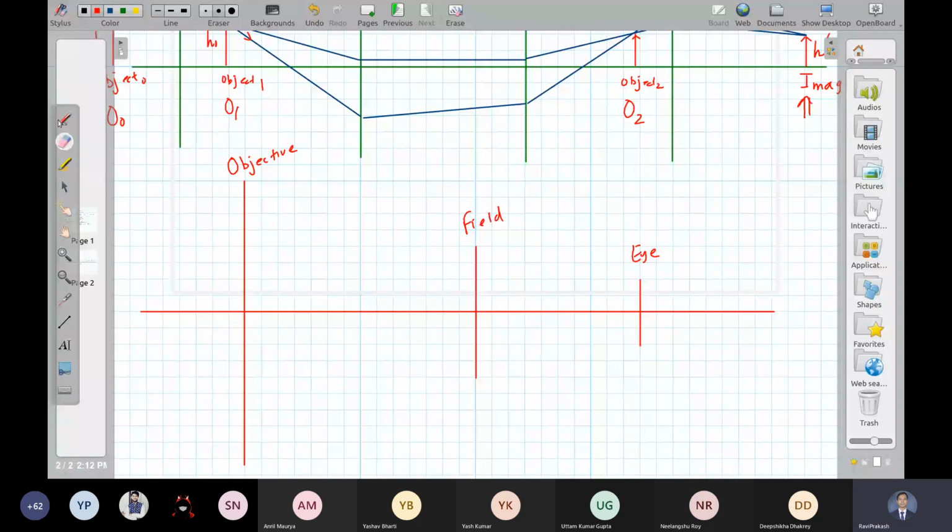What is the ray diagram here? If we have some object here, then the ray path is something like this.